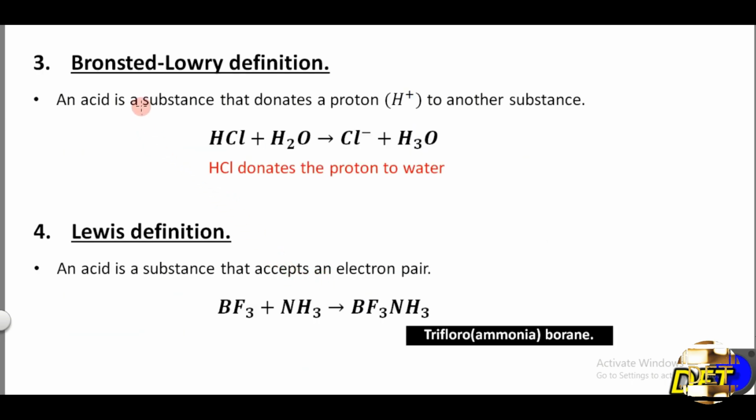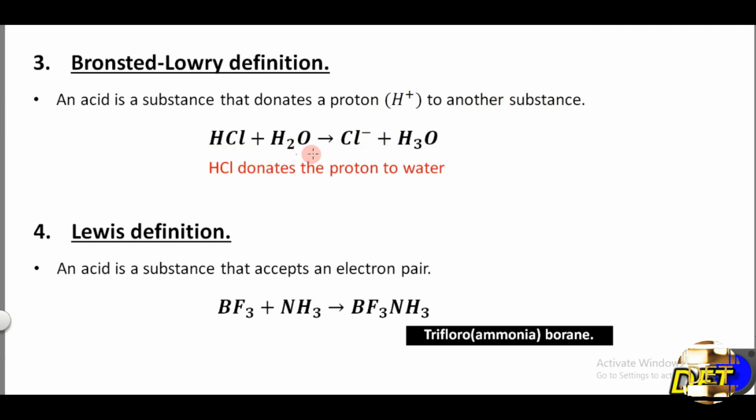So let's look at the other definition of an acid, which is according to Bronsted and Lowry. According to the Bronsted and Lowry definition, an acid is a substance that donates a proton to another substance, right?